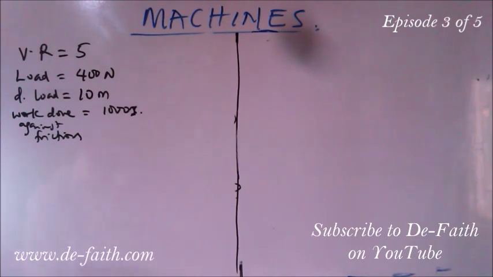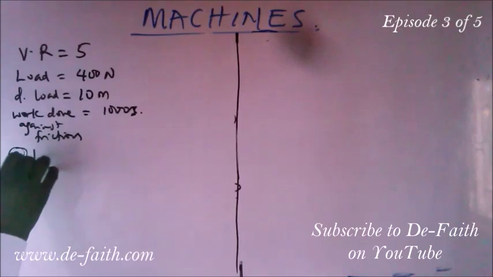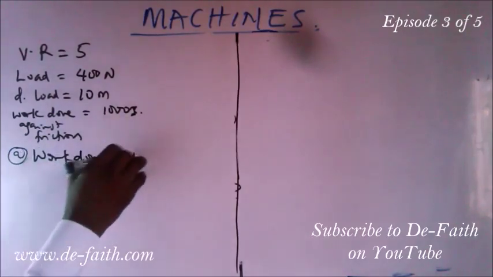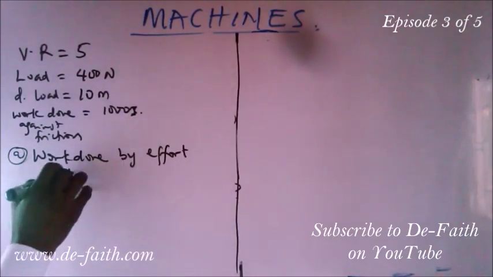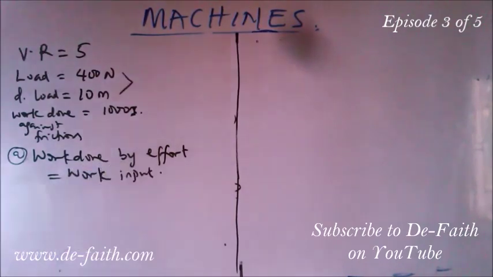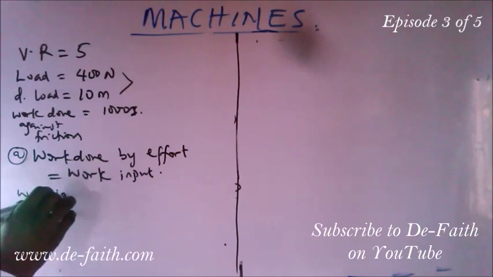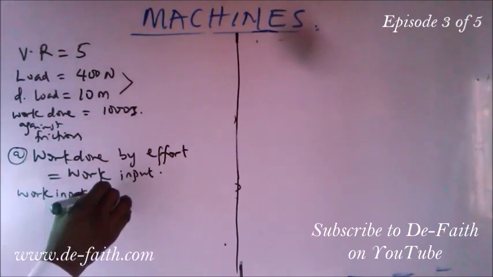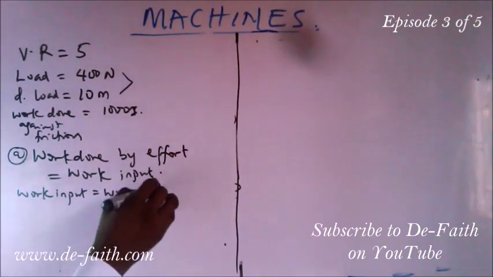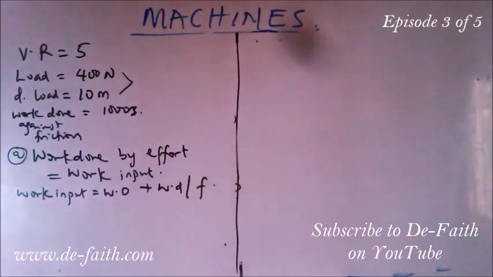Now we have to calculate the work done by the effort first. We want to institute here that work done by effort is the same thing as the work input. And we want to establish the fact here that work input is equal to work output plus the work done against friction.